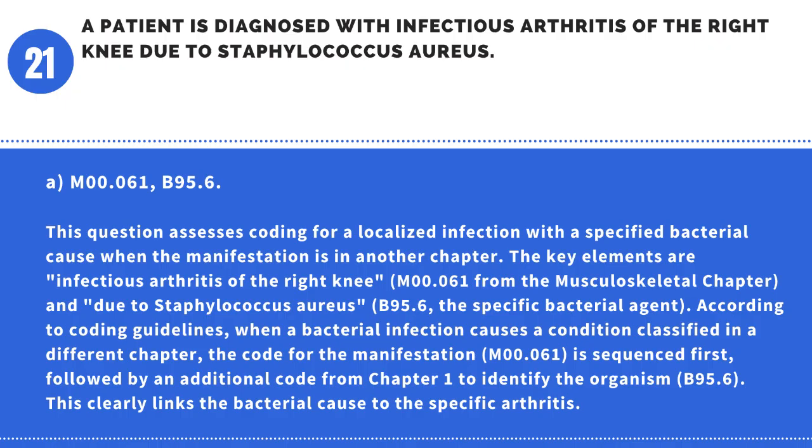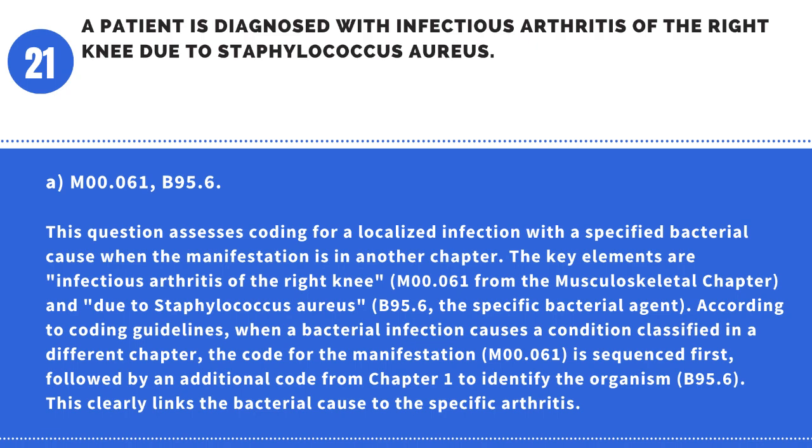M00.061, B95.6. This question assesses coding for a localized infection with a specified bacterial cause when the manifestation is in another chapter. The key elements are infectious arthritis of the right knee, M00.061 from the musculoskeletal chapter, and due to Staphylococcus aureus, B95.6, the specific bacterial agent.